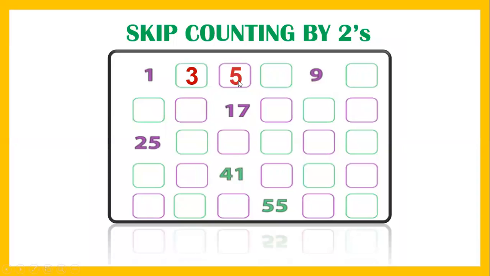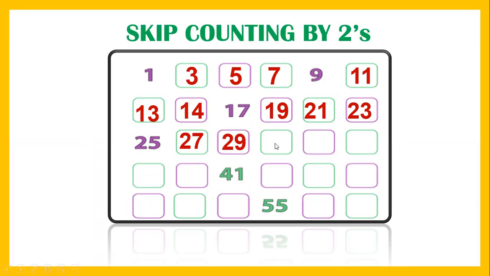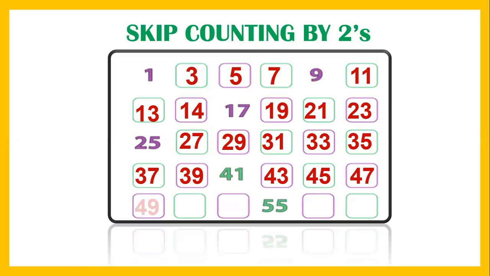Next to 3 is 5, 7, 9, 11, 13, 15, 17, 19, 21, 23, 25, 27, 29, 31, 33, 35, 37, 39, 41, 43, 45, 47, 49, 51, 53, 55, 57, 59.